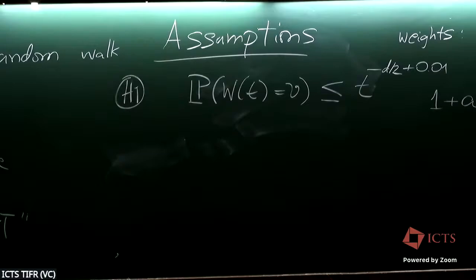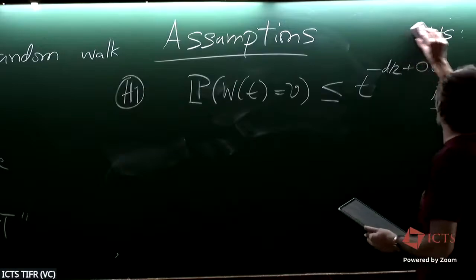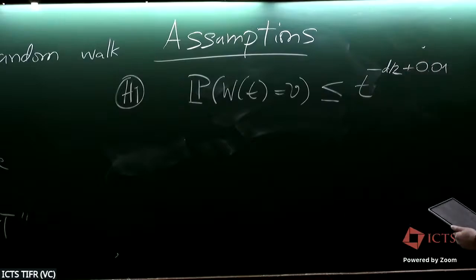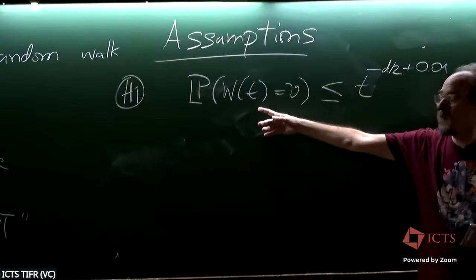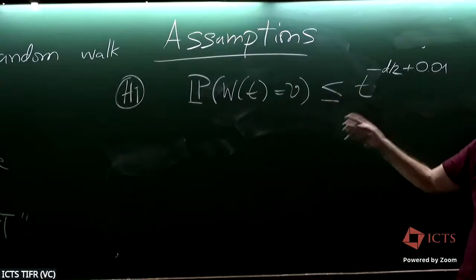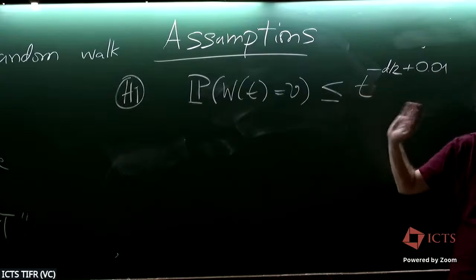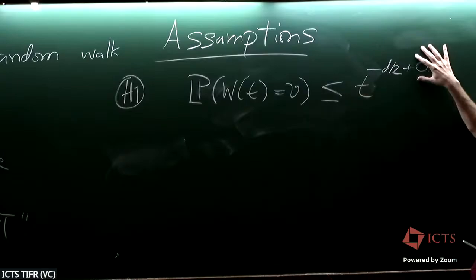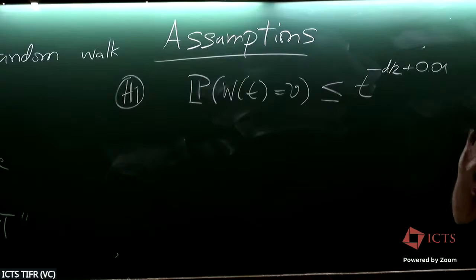Okay, so that's, as I said, an assumption of the type that the process looks like random walk, a relatively simple behavior of random walk type. For random walk, at every time t, this is more or less correct, except if v is too far, and then there is an exponential decay. But this is just an upper bound, so it's true without this leeway. We are assuming that it's true with a little bit of leeway. Okay, so I think this assumption is pretty natural.